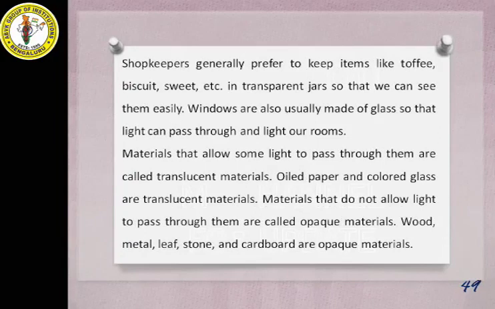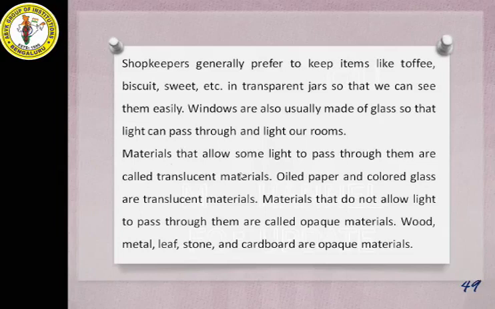In shops, chocolates and biscuits are kept in glass cupboards so that the customer can see them easily. Those are transparent materials. Windows are usually made of glass so that light can pass through into the home and light our rooms. So window glass is also made of transparent material.